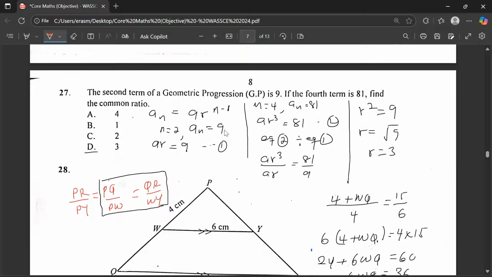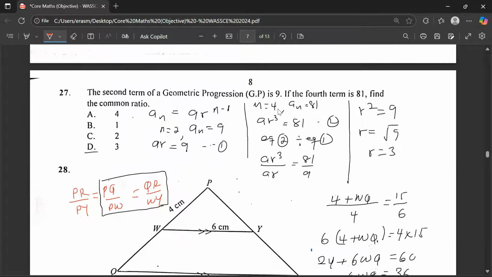Right? So you are going to see 9 equals ar to the power 2 minus 1. So you have a times r to the power 1, which is ar. And this equals 9. So, this is equation 1.